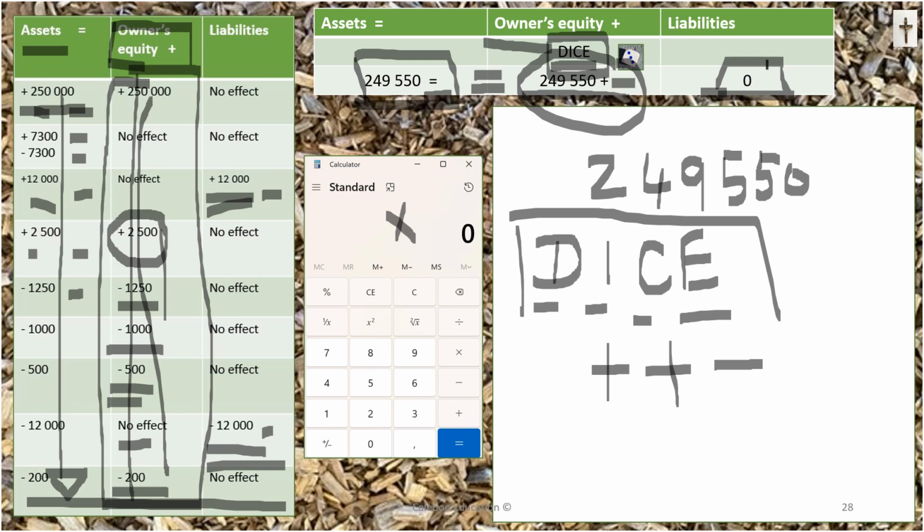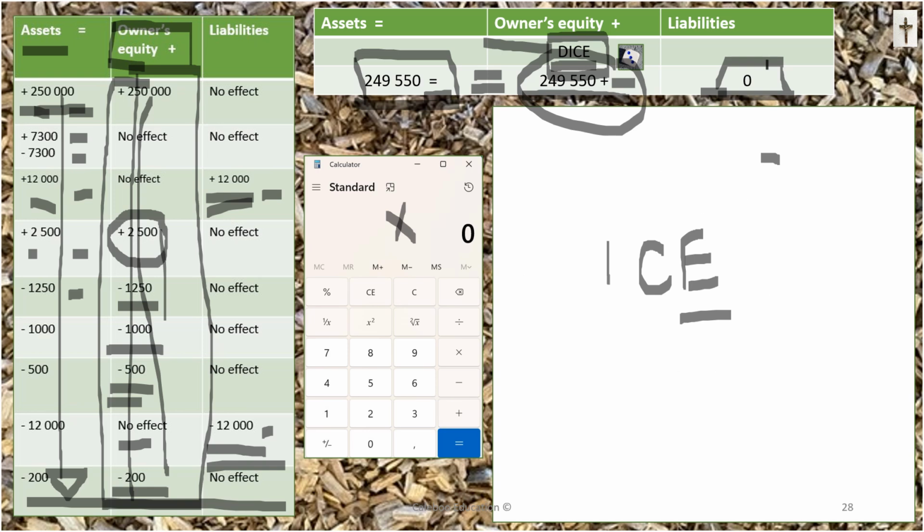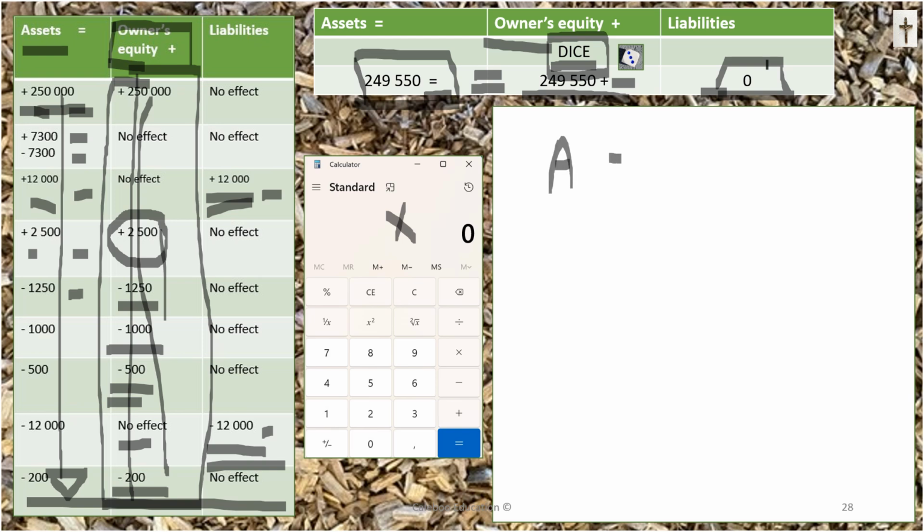The other way, if you're given this information, to calculate owner's equity, and I have done this before, but let's have a look here. Assets equals owner's equity plus liabilities. That is my accounting equation. The question was, calculate owner's equity. What is the owner worth?